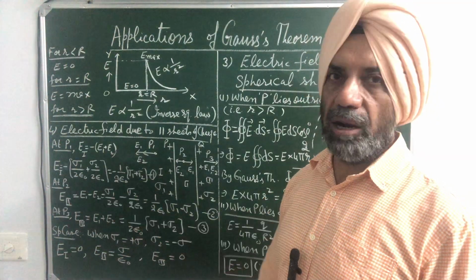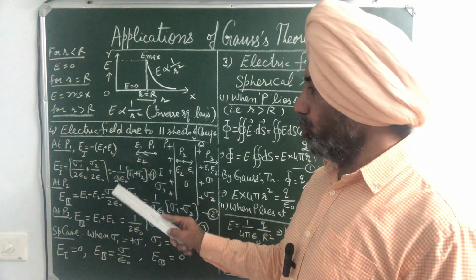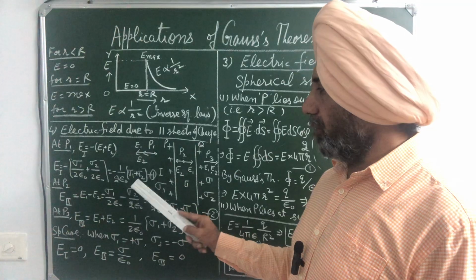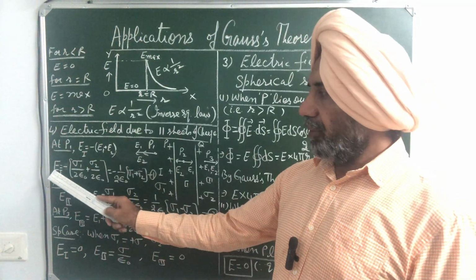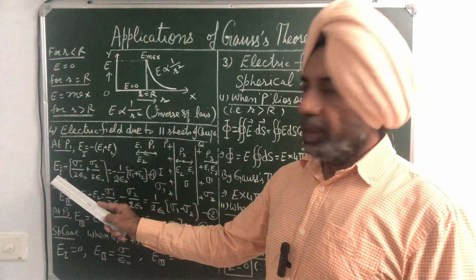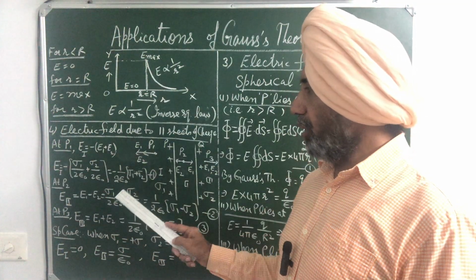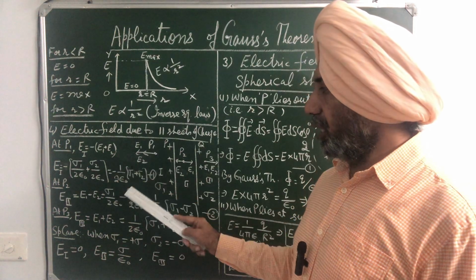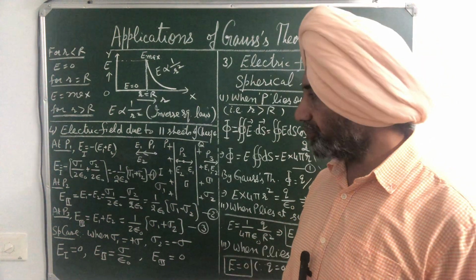Taking the minus sign outside, 1 upon 2 epsilon naught is common, so sigma 1 plus sigma 2. It means in region 1, to the left of plate P, the electric field will be equal to minus 1 upon 2 epsilon naught (sigma 1 plus sigma 2), equation number 1.